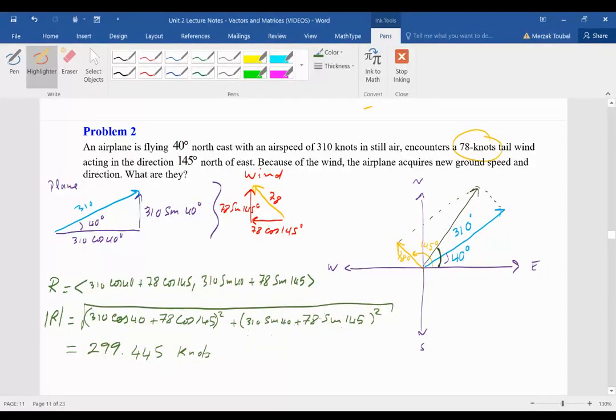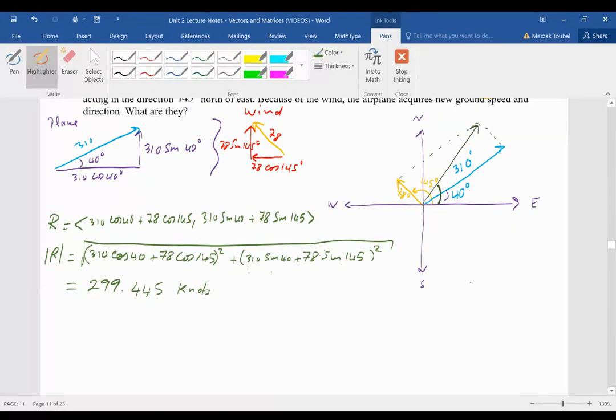Good. Now we're going to do the same thing for the new angle, and I said the new angle should be in between 40 and 90. Let's see if that's correct.